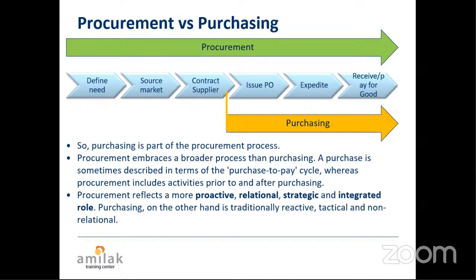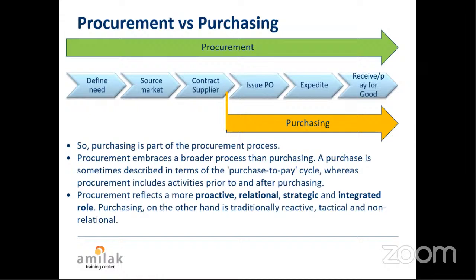But we are no longer like that. We are a profession that starts together with the end user at identification of need. We call it early involvement of the buyer. So procurement has become proactive now. It is relational. Why? Because we build relationships internally and externally with our end users within the organization and also with the suppliers. It is strategic.